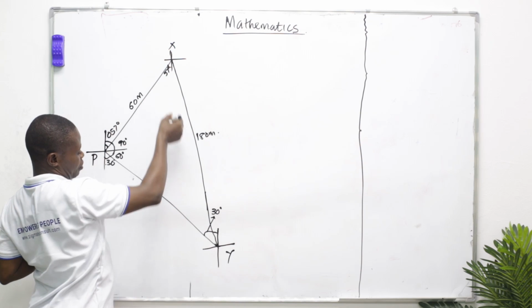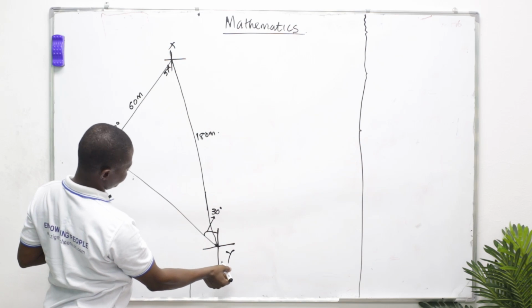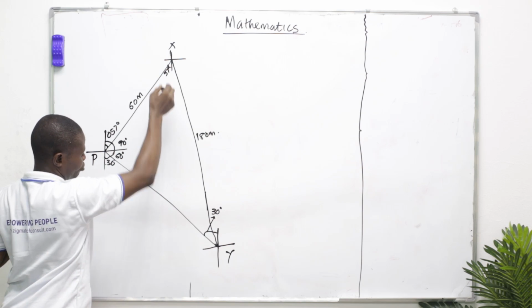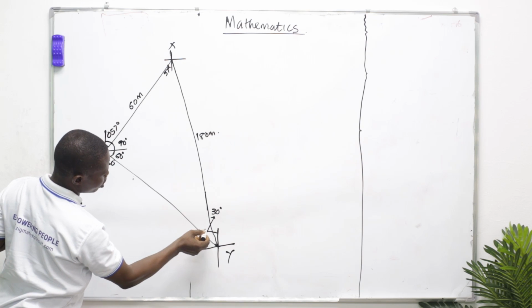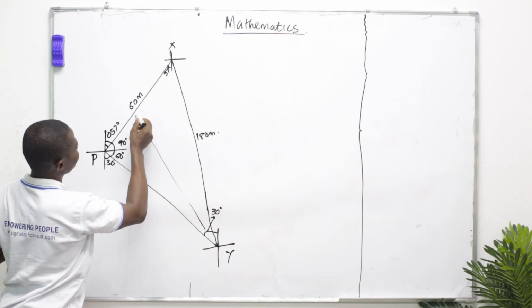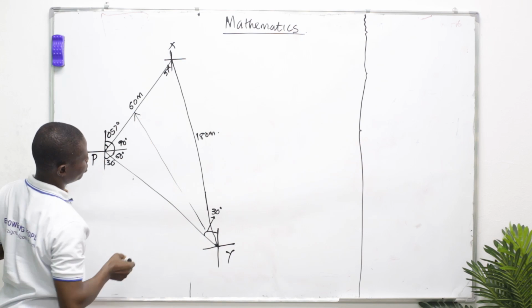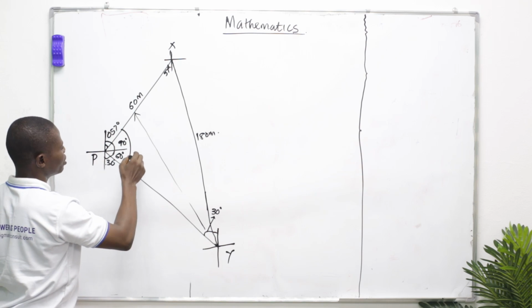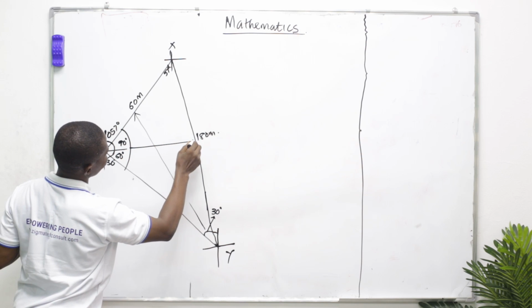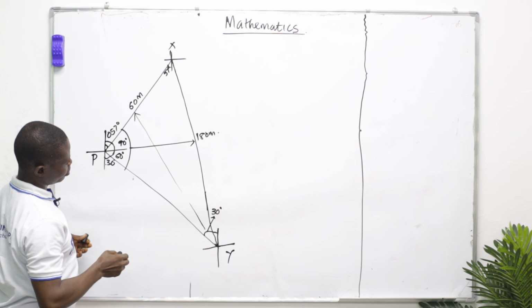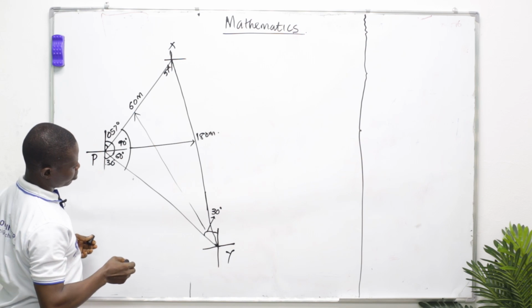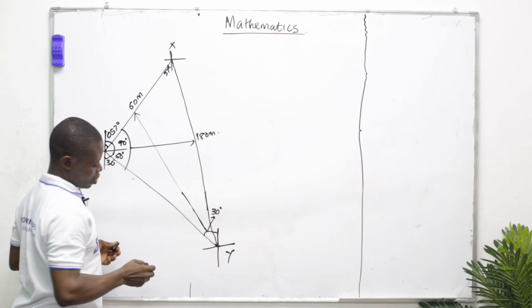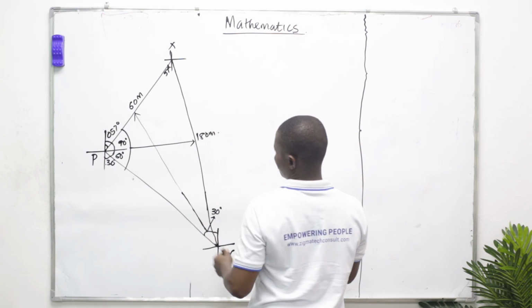Bearing of X from Y will mean this is Y, this is going like this. Y this side is facing like this. Okay, that's the sine rule.